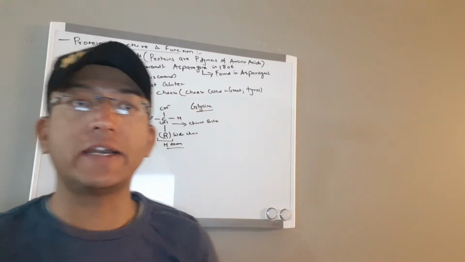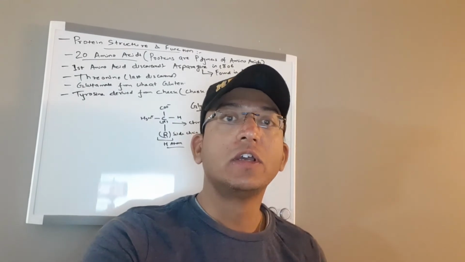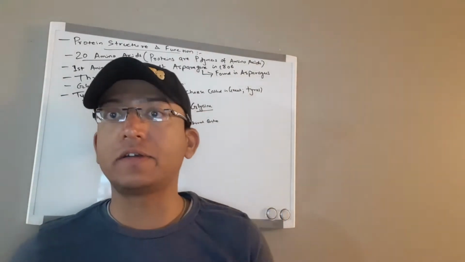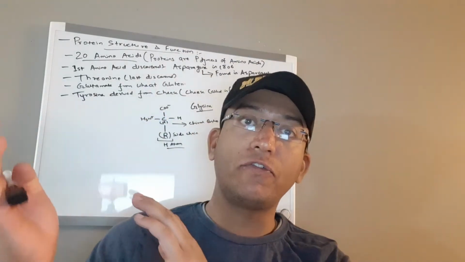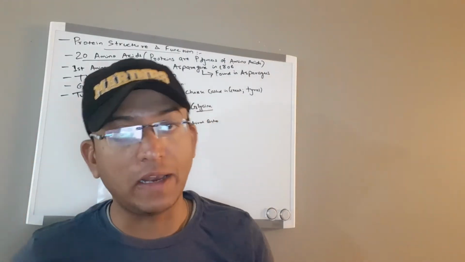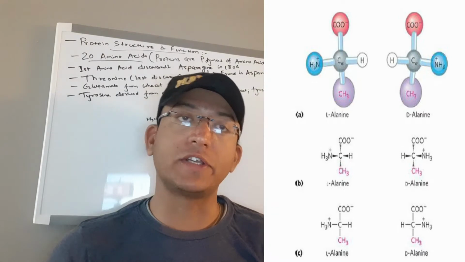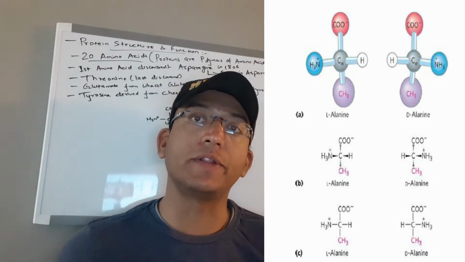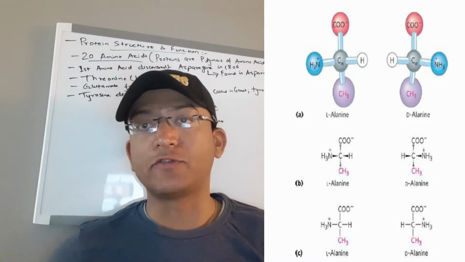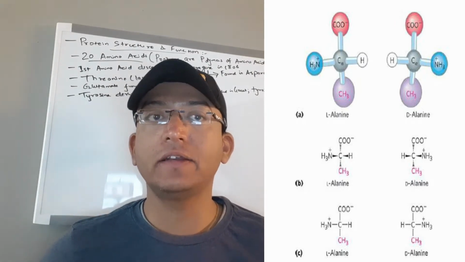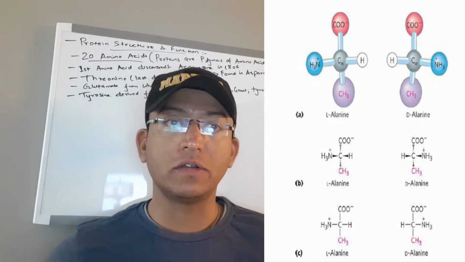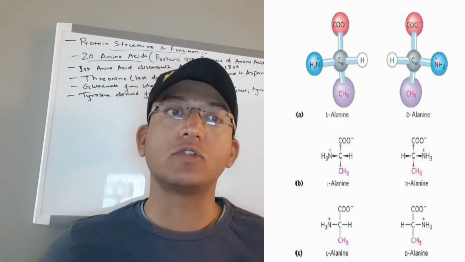These two forms represent a class of stereoisomers called enantiomers. All molecules with a chiral center are also optically active, that is, they rotate plane polarized light. On your screen you can see an example of stereoisomerism in an alpha amino acid, L-alanine and D-alanine.